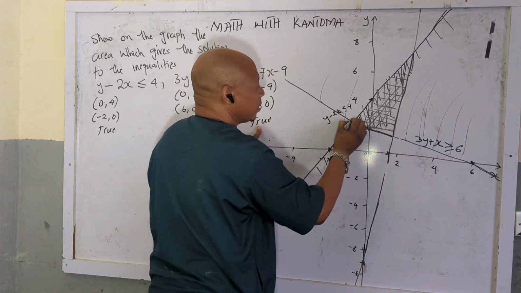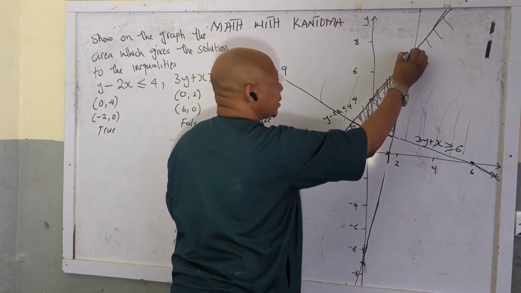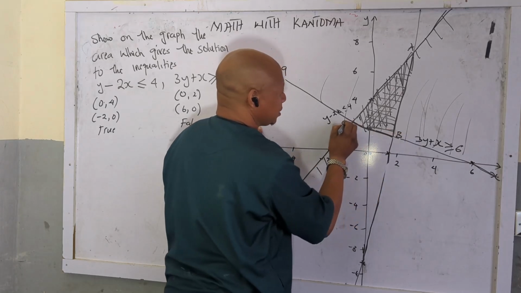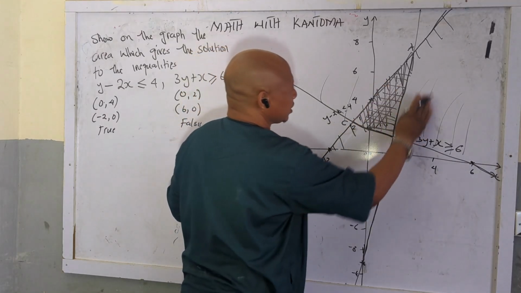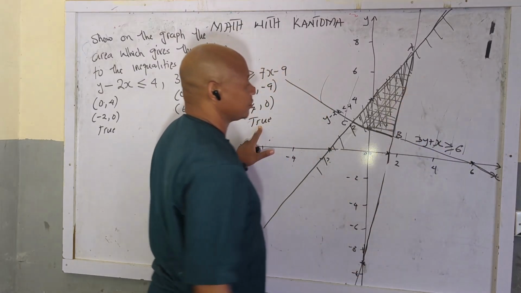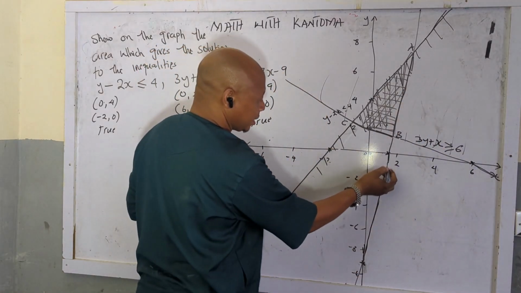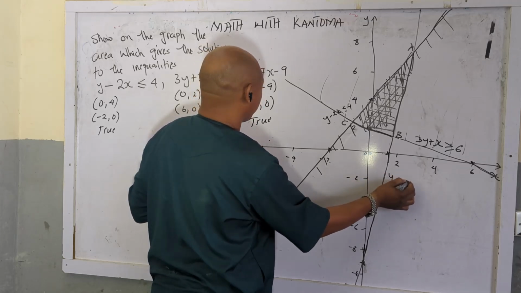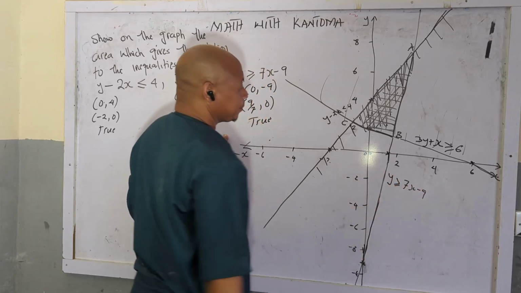This region now is the area. Let's say this is point A, B, C. So now this region is the shaded region, or the area that satisfies the inequality. This line is the line that says y is greater than or equal to 7x minus 9.